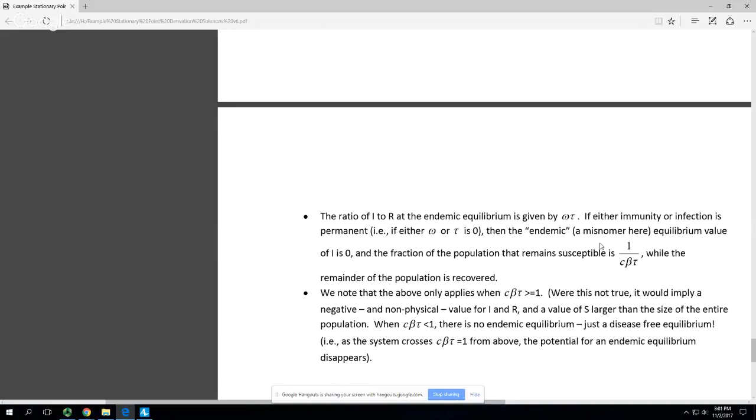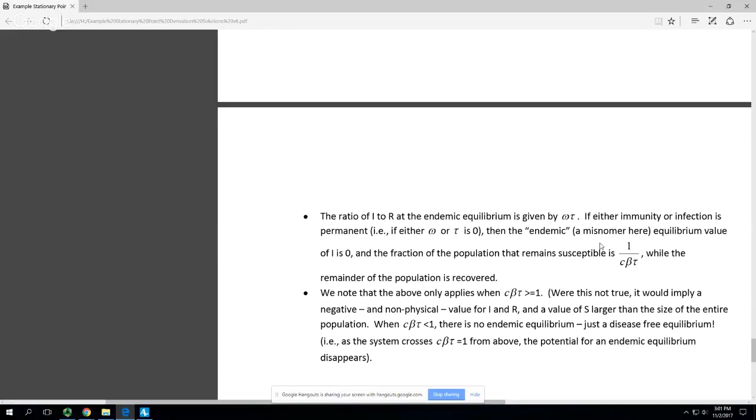R0. Suppose half the people around them are susceptible. How many people do they infect? R0 over 2. Suppose a quarter of the people around them are susceptible. How many people do they infect on average over the entire course of their illness? R0 over 4. So suppose 1 over R0 of the people around them are susceptible.